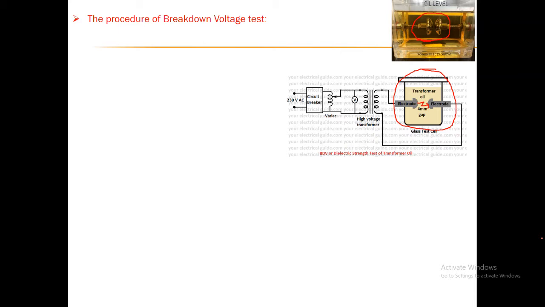When you purchase the breakdown voltage test kit for liquid dielectrics, the manufacturer will provide you one standard gauge. Here you can see this is the standard gauge. On the standard gauge, two sides are flattened. On one side you will find go, and on the other side you will find no go.